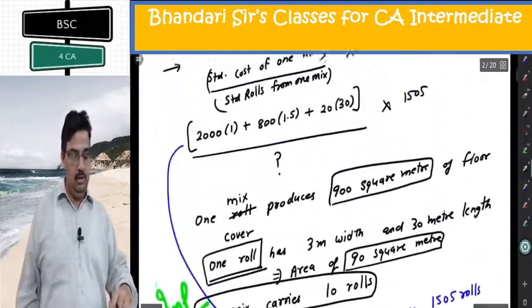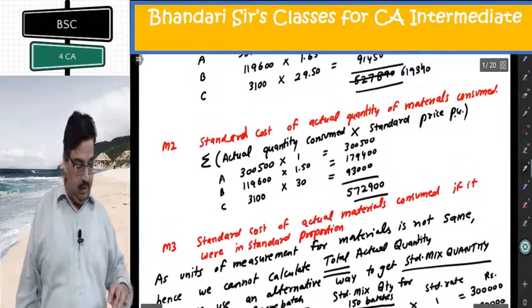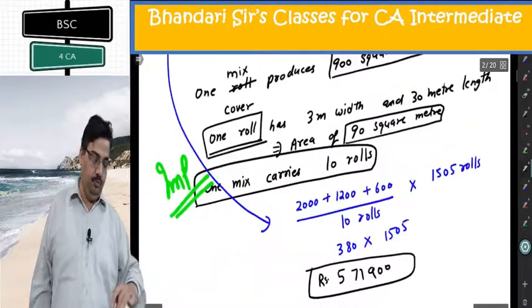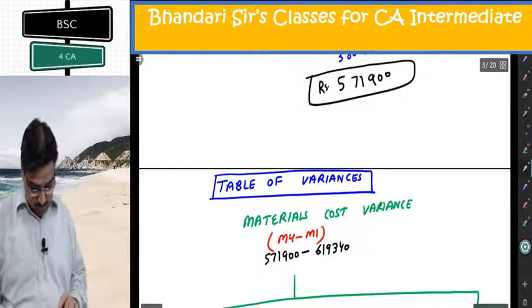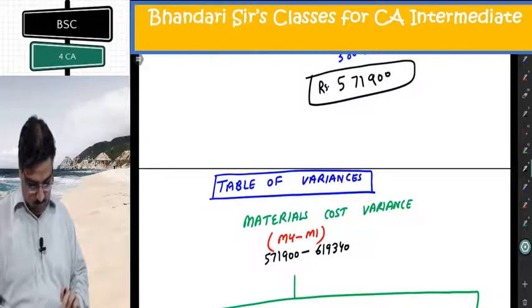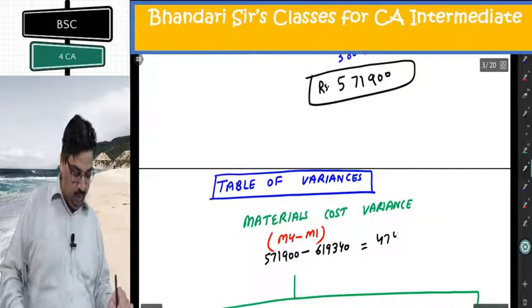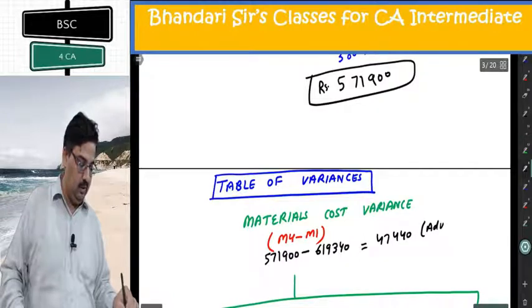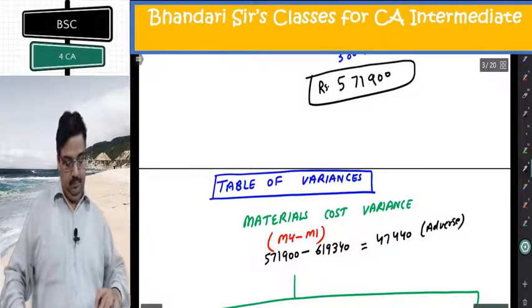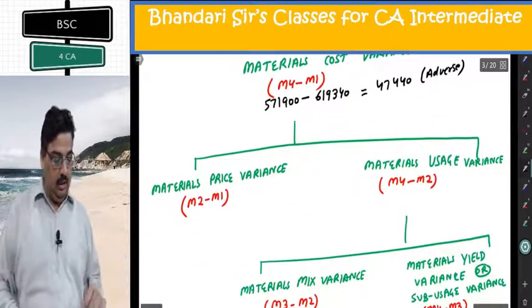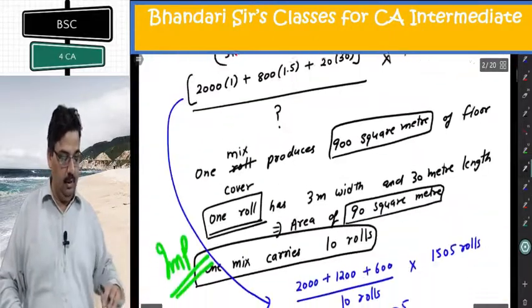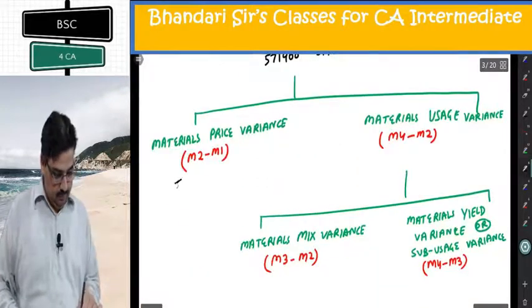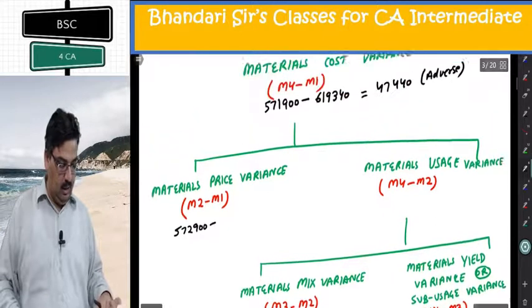571,900 minus M1 we computed 619,340. This is 47,440 adverse. Then material price variance M2, 572,900 minus 619,340.